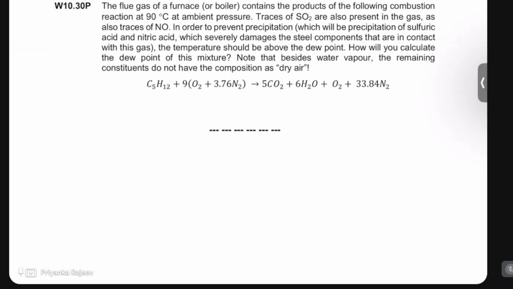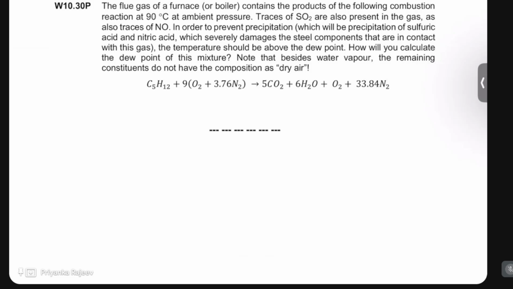So, dew point of flue gas: H2O is there, SO2 is there, NO is there. These are the combination. Dew point is the temperature where the partial pressure of water equals the saturation pressure. But the presence of other vapors like sulfuric acid or HNO3 would lower the dew point.